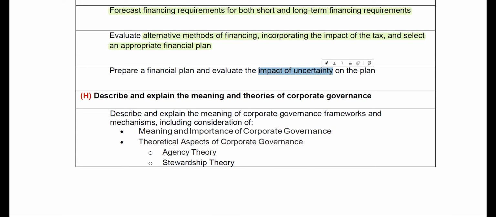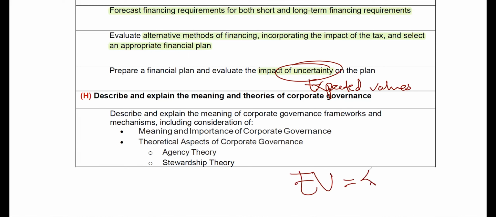That means so far as you see uncertainty, you should be expecting expected values, or what we call certainty equivalent, meaning that you are going to get a sum total of some probability times some cash flow. Okay, it's there in your syllabus. It's obvious. You get the idea. So that is that part.